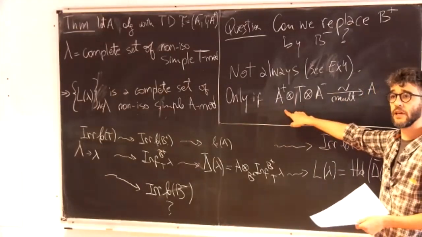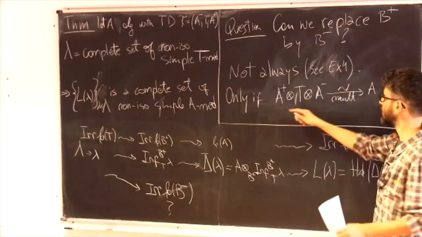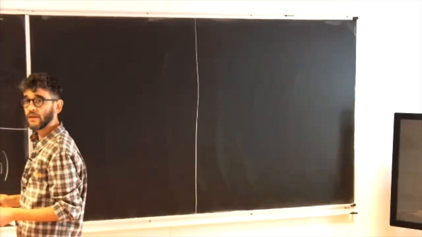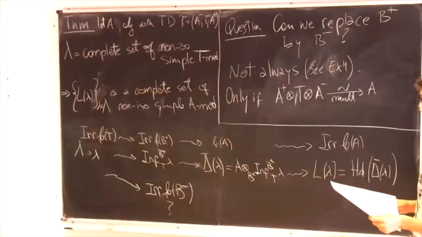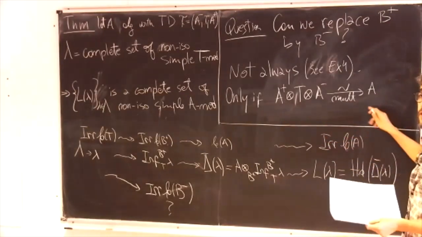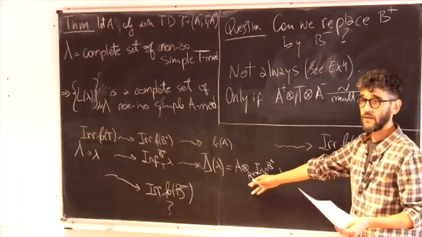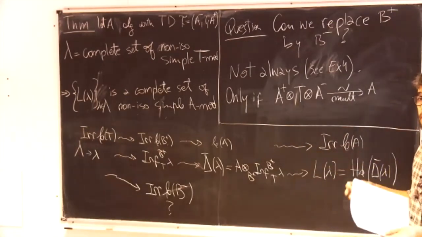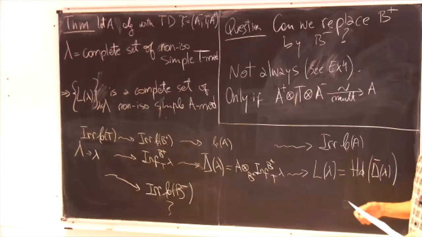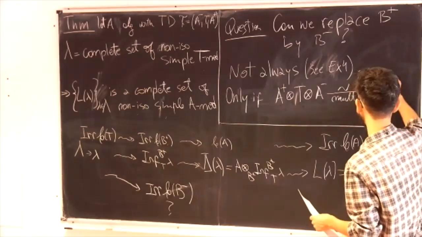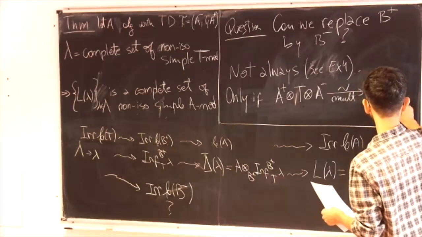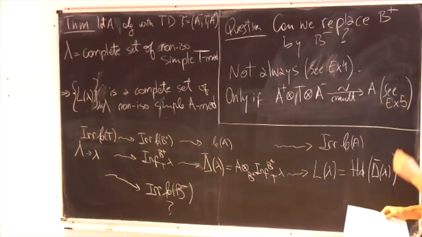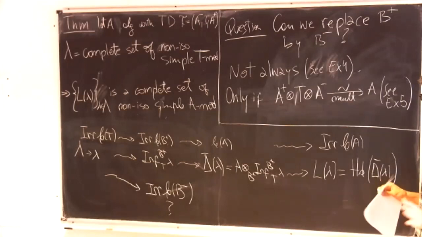Here the difference from the original definition of triangular decomposition is that we switched A minus and A plus. So if this happens, then we can proceed in the same way. We don't need to prove anything. We just use the theorem that we have proved, and we will obtain another description of the simple modules of A. And that is what I tried in exercise 5 of the exercises that I sent you yesterday.